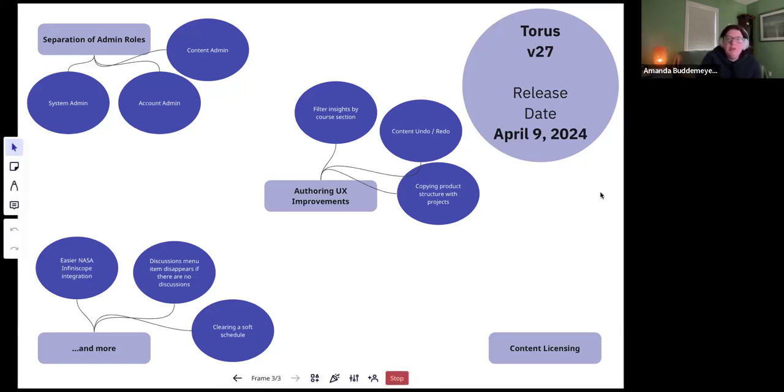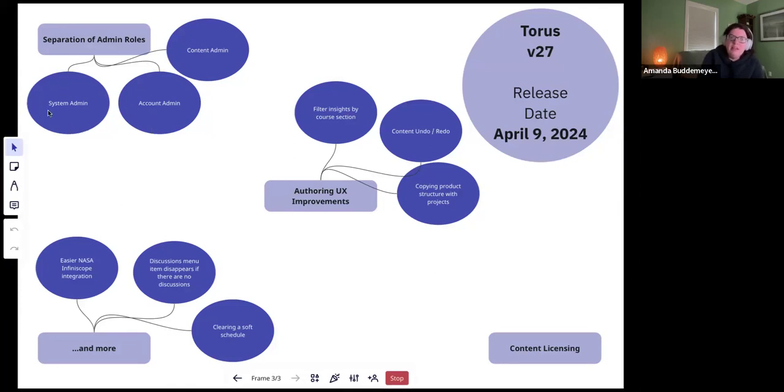If you are an admin, you know that the admin functions are broken into content, account, and system. The way this is going to work is content admin is the lowest level. You can only do things in the content menu, having to do with accessing projects and whatnot. If you're an account admin, you can do all the content stuff and the account stuff, in terms of creating accounts and whatnot.